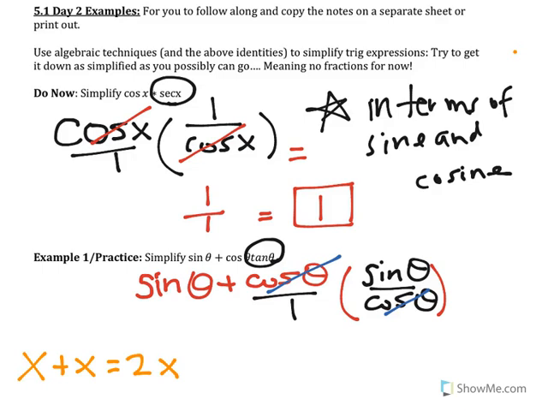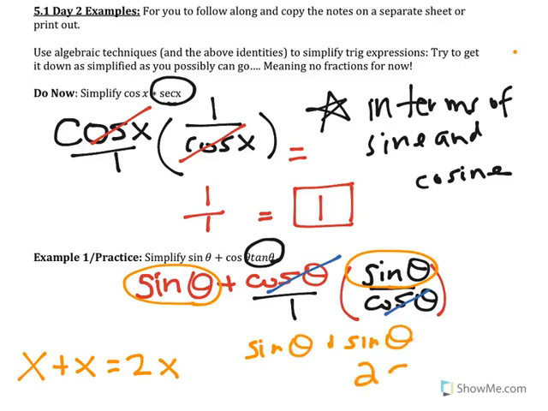Well, trig functions behave the same way. If I have sine plus sine, that's what I'll be left with after they cancel, that will just end up giving me 2 sine of theta, and that will be my final answer. Okay, can't do anything with that, can't simplify it, so we just leave it there.